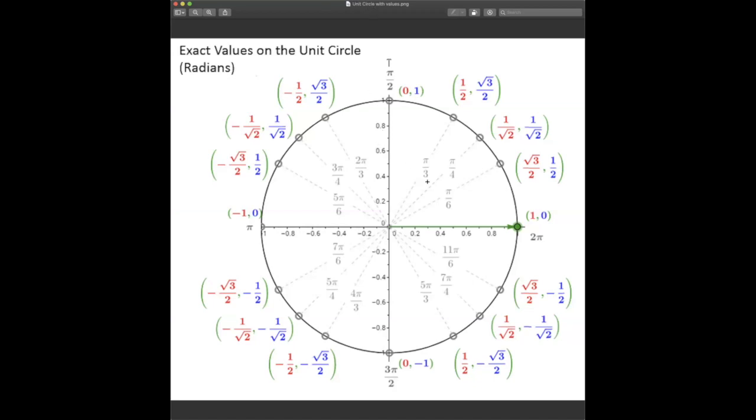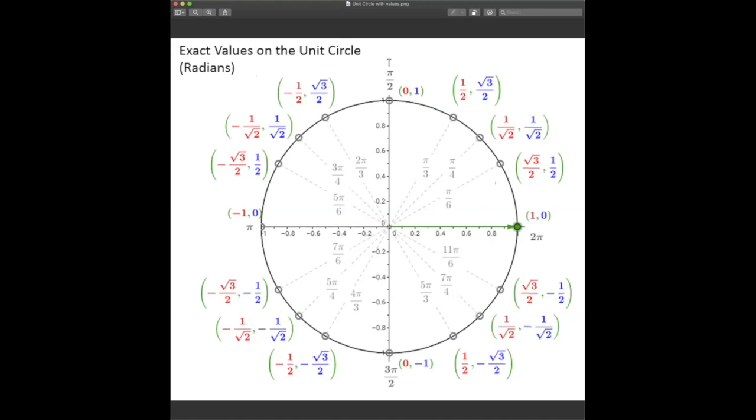Honestly, I kind of do it this way, even though I don't. I've really memorized the first quadrant of the unit circle, and then I just remember which angle has which reference angle, and I'm like, oh yeah, in the first quadrant, it's these values, and then I just change the sign based on whether I'm in the second, third, or fourth quadrant.